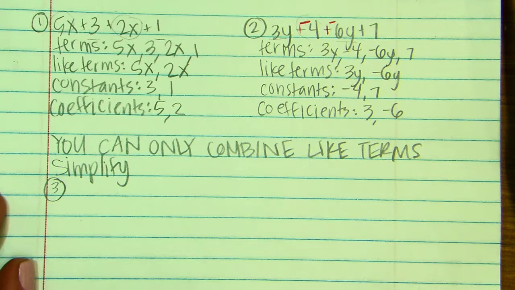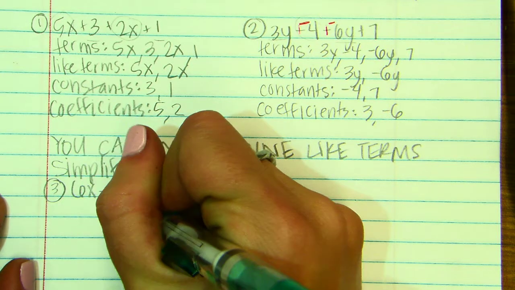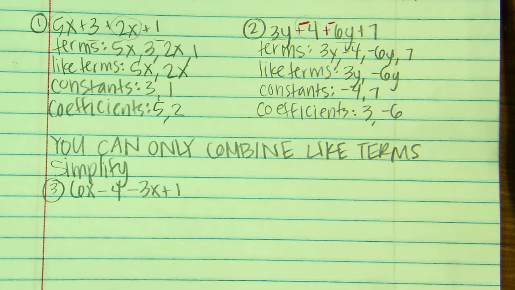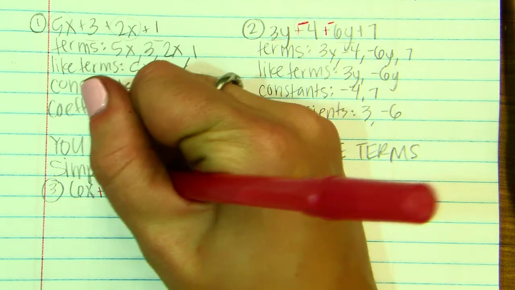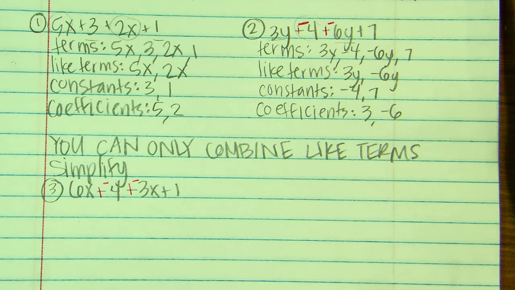If we're trying to simplify a problem like 6x minus 4 minus 3x plus 1, we can only combine the terms that are alike. So first thing we're going to do is same as we've always done. Anytime we see subtraction, we're going to change the sign in the one behind, always. Now we're going to look for like terms. And when I look for like terms, I like to use different colors or sometimes different shapes to help me identify which terms are like terms.